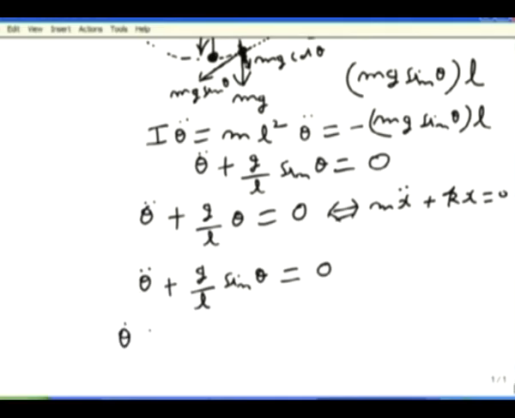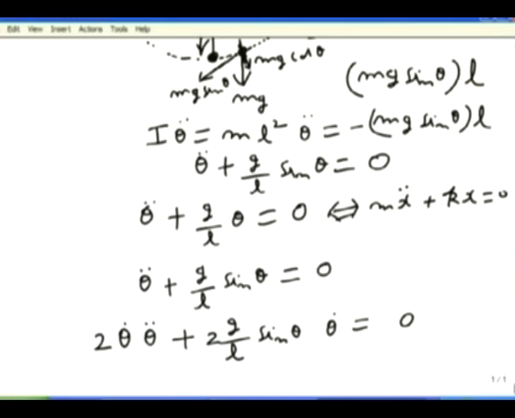So, theta dot theta double dot plus g by L sin theta theta dot equal to 0. Let us multiply by 2. So, this is 2g by L sin theta theta dot.